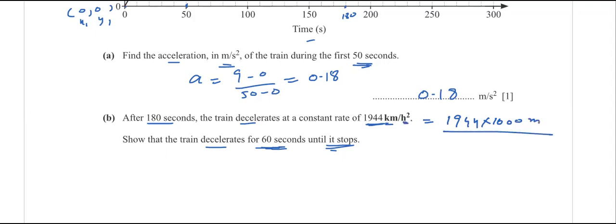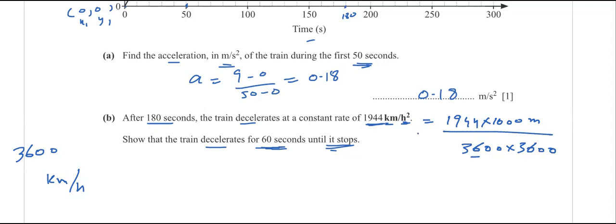Then per hour square. If it is 1 hour, you just divide by 3600. Now this is hour square, so 3600 multiplied by 3600. If you just have kilometer per hour, you multiply by 1000 and divide by 3600. Right now we have kilometer per hour square, so you divide by 3600 and multiply by 3600. That will be your deceleration.